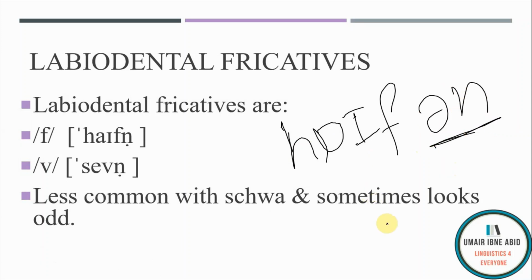Sometimes it looks odd if we pronounce it like that. No, we mostly pronounce "seven", we don't say it with a schwa. No, it looks odd. So mostly it is always pronounced with a syllabic n.